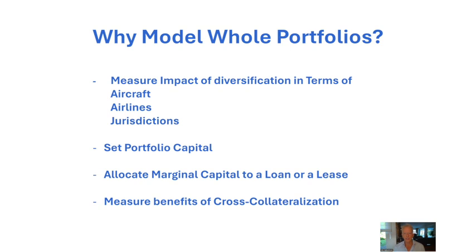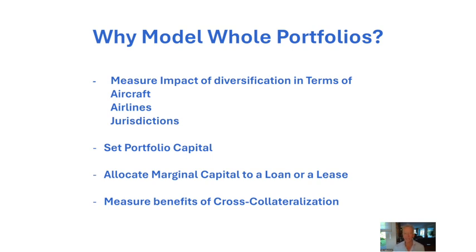We can also use the modeling of portfolios to set aside portfolio capital. And we can allocate marginal capital to a loan or lease when we add that loan or lease to an existing portfolio. That marginal capital is dependent on what is in the portfolio before.